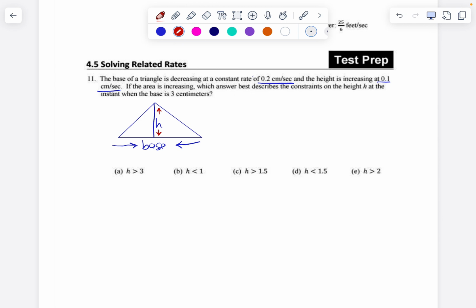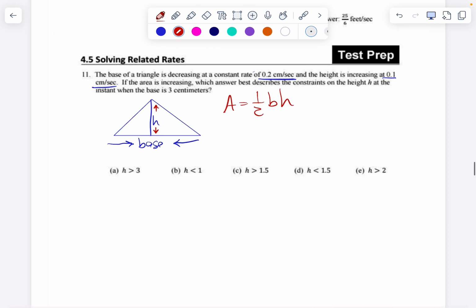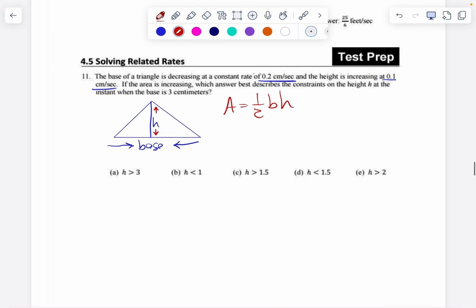How do we find the area of a triangle? 1/2 base times height. Yeah. Or we could do base times height divided by 2, right? Okay. Oh my word. This is unreal.